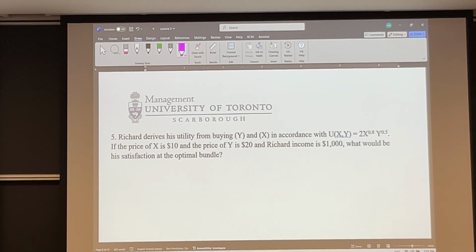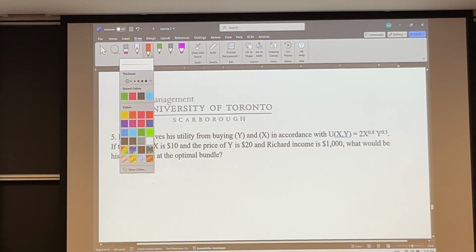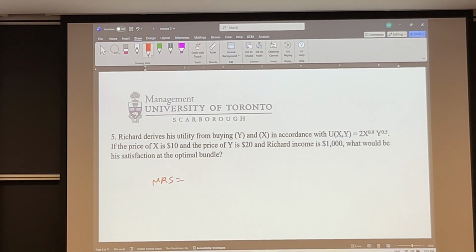Make sense? So if I look at this one, I say this is just 2 equations to solve. Tangency, bottom line. I just have to find the MRS. And it's Cobb-Douglas. What's the MRS? Alpha, beta.